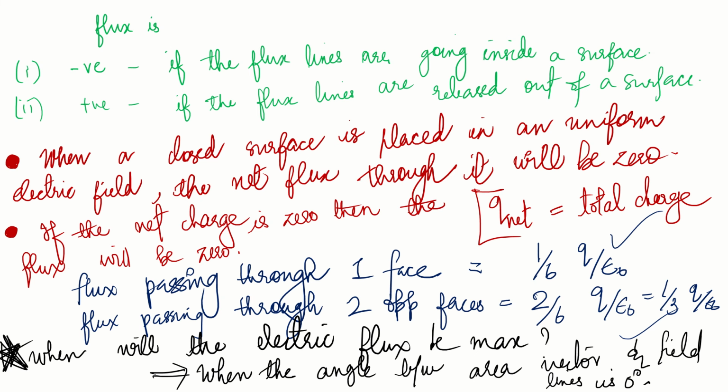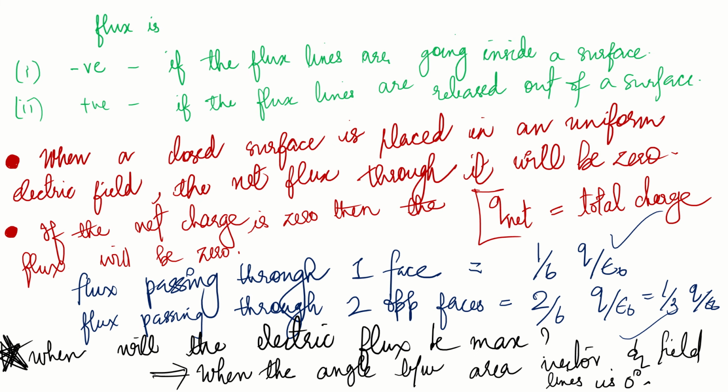And when will flux be negative? Flux is negative if the flux lines are going into a surface. Flux is positive if the flux lines are released out of a surface. And when a closed surface is placed in a uniform electric field, the net flux through it will be 0.